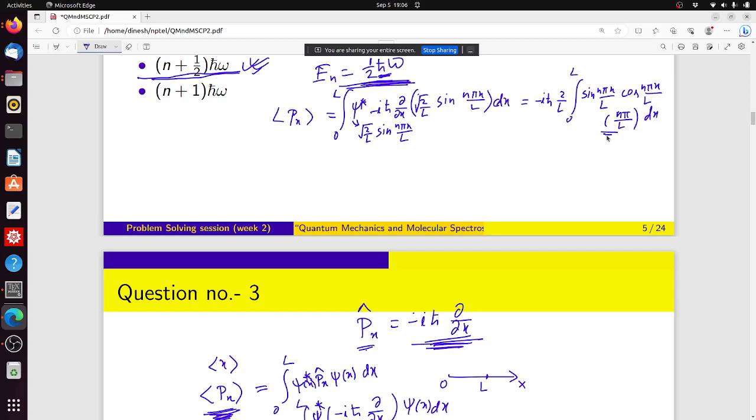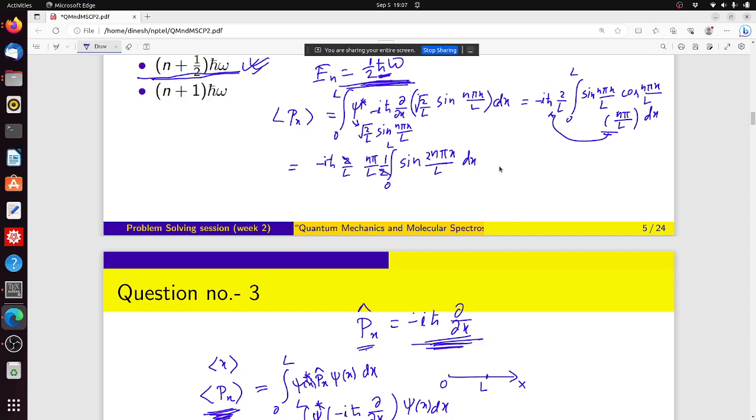Okay, so this is constant, I can take it out. So this will be minus i h cross 2 by L, n pi over L. This is sin x into cos x. We can simply convert it to sin 2x actually. Sin of 2 n pi x over L, divided by 2, 0 to L. Then integration of sine is pretty simple, right?